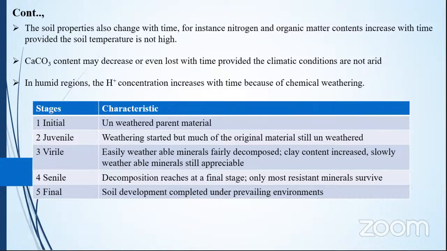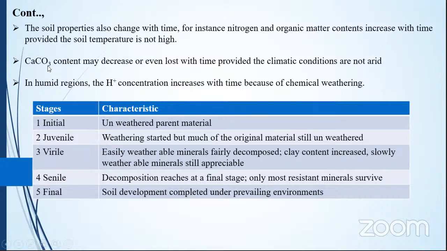In arid conditions, there is accumulation of calcium due to heavy evapotranspiration. Whatever dissolved calcium content is there, due to the vapor transfer the water will be evaporated but the calcium will be accumulated in the layers. That happens only in arid conditions. But if the environmental condition is not that way, the calcium carbonate simply dissolves in the water and is washed away.